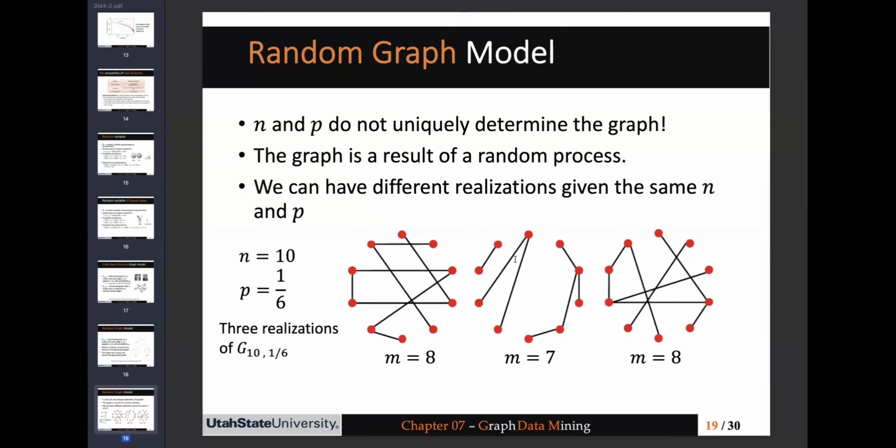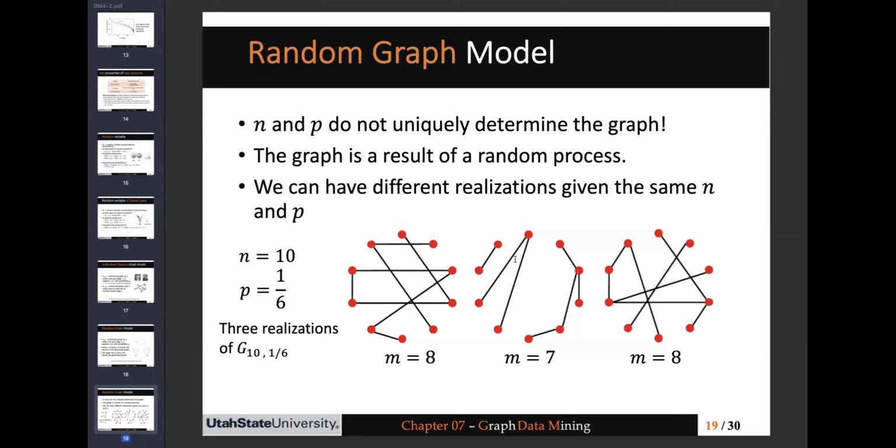Okay, so now we're going to move on to talk about the randomness process here. So one important point that sometimes causes confusion is that if we fix n and p, it does not uniquely determine the graph, right? So even if we fix the number of nodes and the probability p, the graph is still the result of just a random process, right?